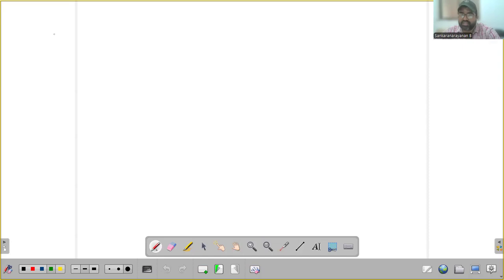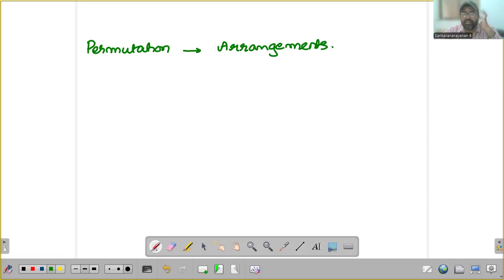Okay, so the first thing that you all should remember and recall is permutations. If I say permutations, please be aware that it is all about arrangements, arranging things, arranging people, or arranging some given number of things, arranging some letters or arranging some vowels or consonants and all.